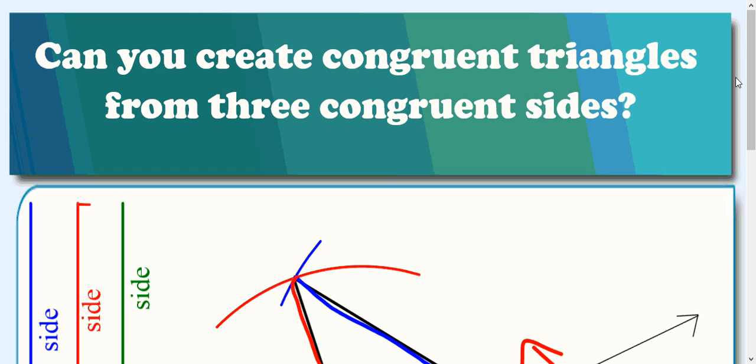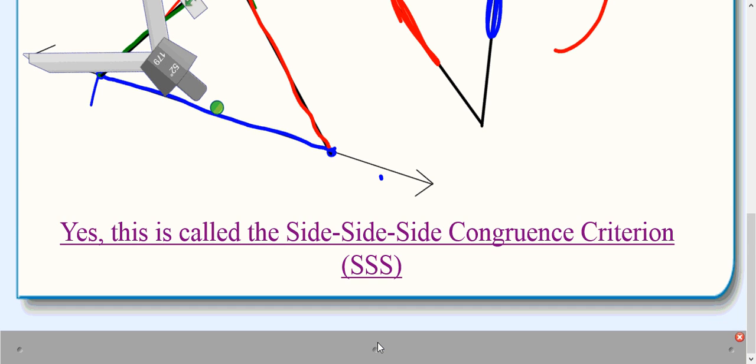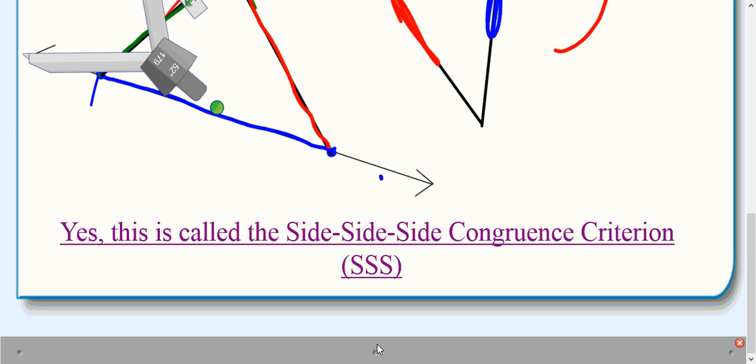So the question was, can you create congruent triangles from 3 congruent sides? Yeah, you can. Not only can you, it'd be impossible to create 2 different triangles. So it's kind of a long demonstration explanation for this thing right here, the side congruence criterion. Side congruence.